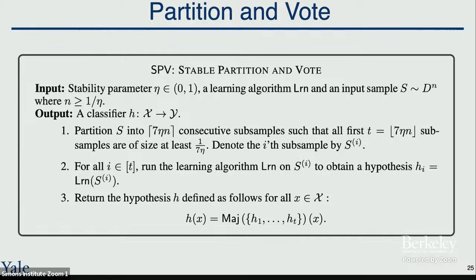But then I realized it is what we had before. It's the same idea, partition and vote, but a more careful analysis of partition and vote. This is the number of partitions. This is the number of data points in each partition. You train, and then you take the majority vote. And that is how we get the result.